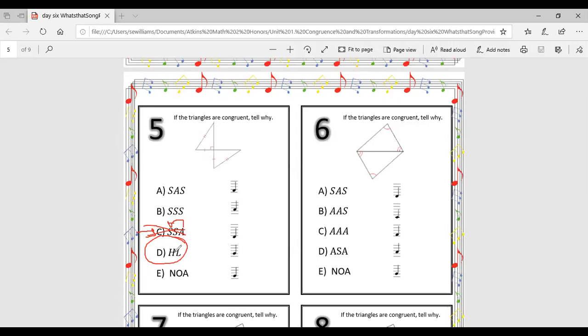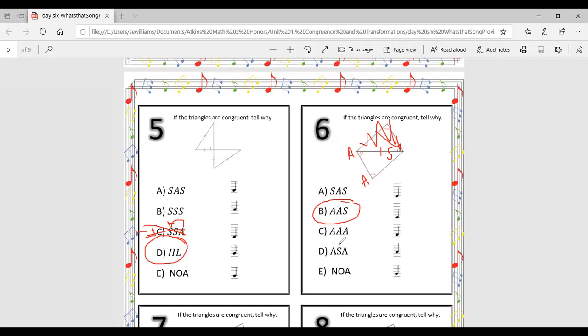For hypotenuse leg, you're allowed to mark the side, and then you cover up one of the triangles. So you have angle, angle, side.